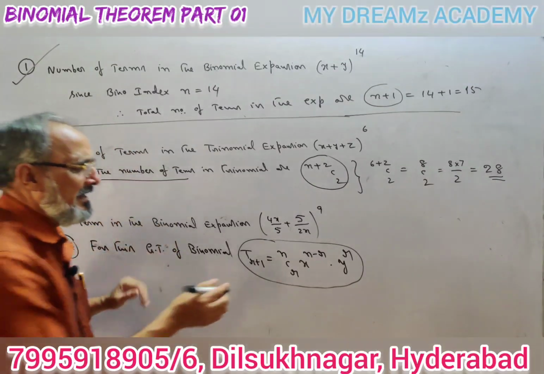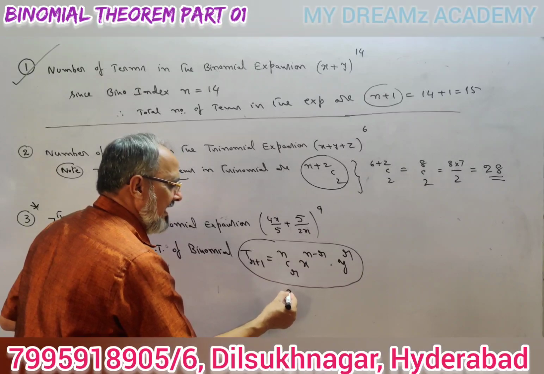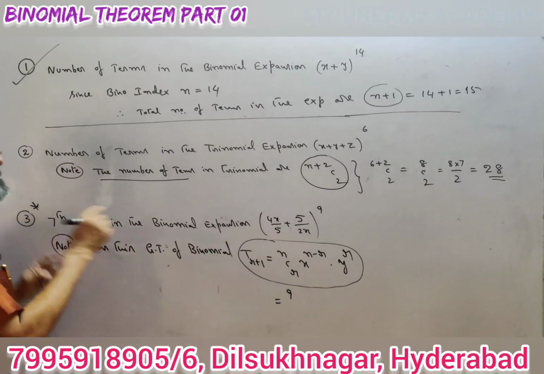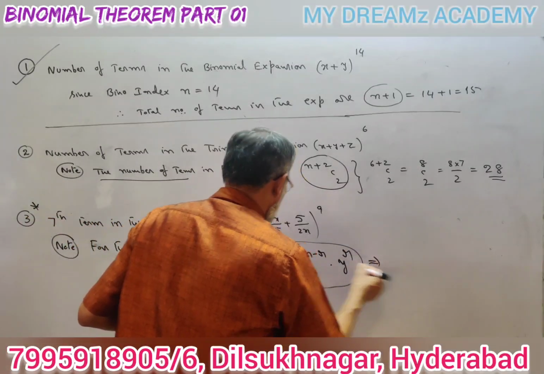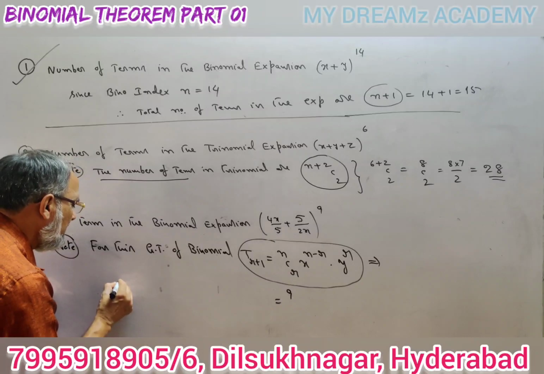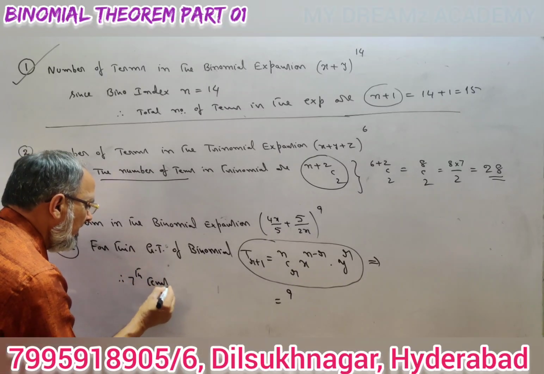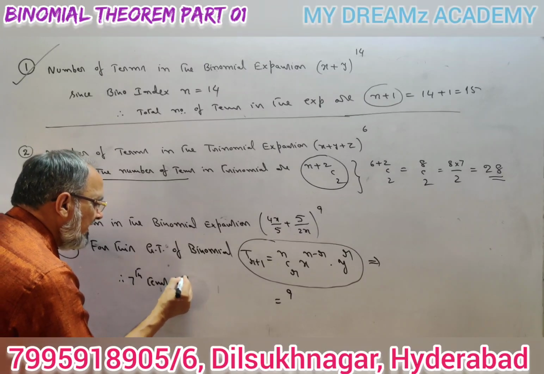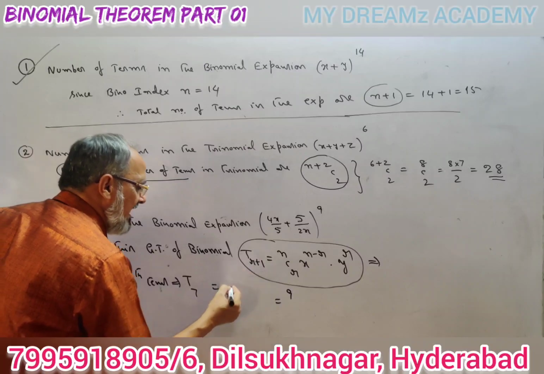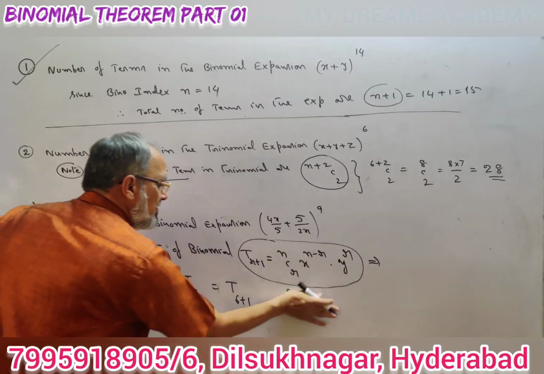Now, simple. What is n? n is the binomial index, 9. But what do we require? The 7th term. So we write T(r plus 1). Therefore, to get the 7th term, T7, you have to adjust it to the standard form T(6 plus 1).